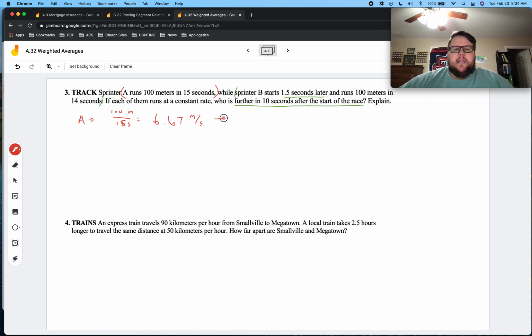So now at 10 seconds, I want to see how far Sprinter A was. Distance equals rate times time, which means our rate was 6.67 meters per second times our time, which was 10 seconds. Our seconds cancel, and we get 66.7 meters.